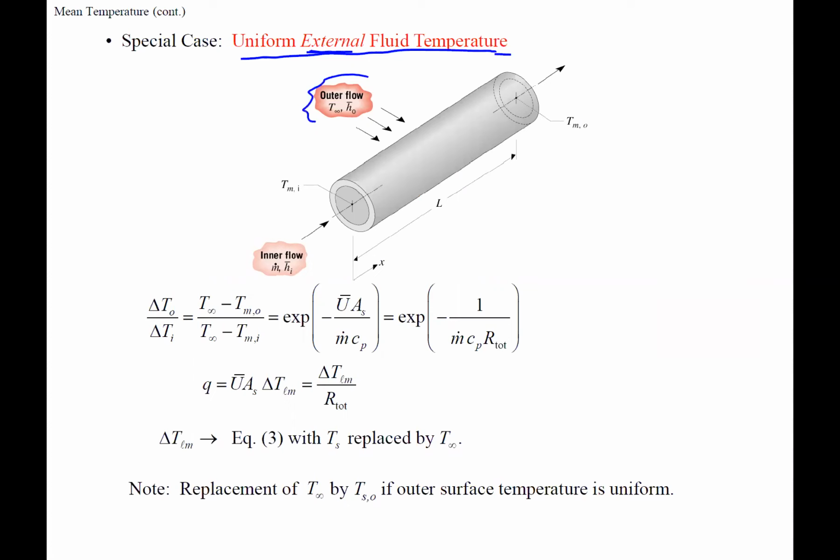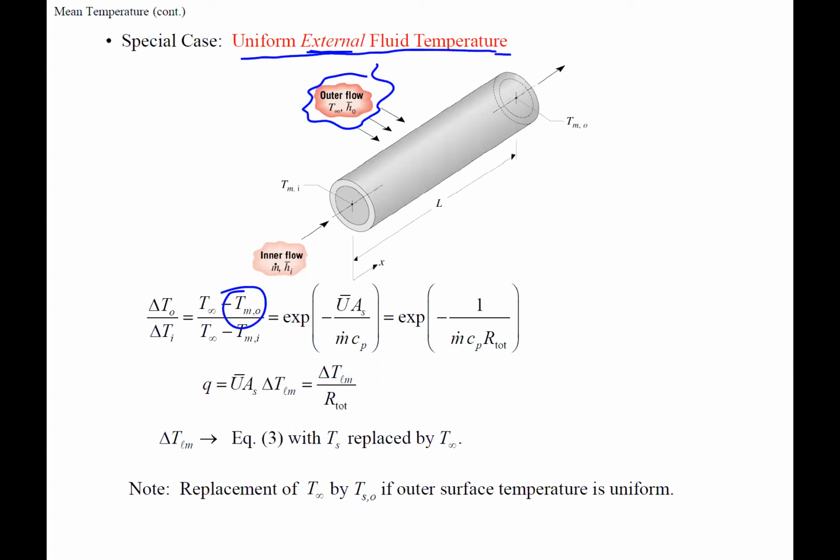This means now the fluid on the outside of this tube is what's being held constant. So it's not a uniform surface temperature, and it's not a uniform heat flux on the tube. It's the outer external fluid being held constant, with the same temperature and same velocity. Then we have a way to predict the outlet mean temperature.